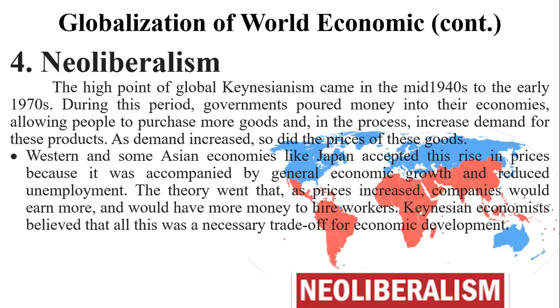Western countries, for example in Europe, and some Asian economies like Japan, accepted this rise in prices because it was accompanied by general economic growth and a reduction in unemployment. With that, their economic growth would rise because many people would be working, so unemployment would be reduced. The theory went that as prices increase, economies would earn more.